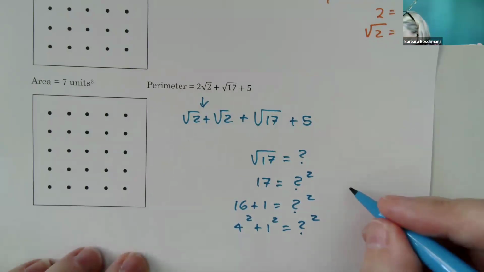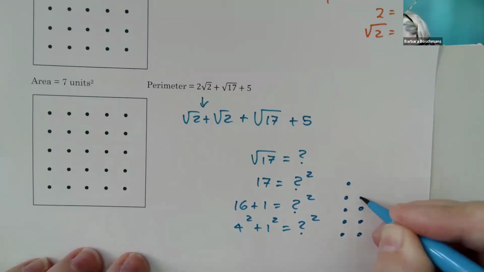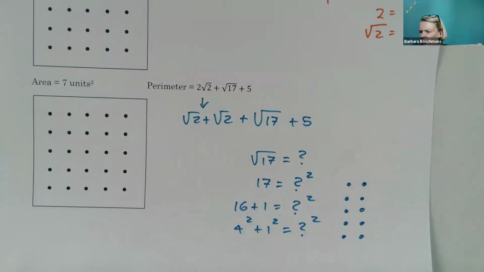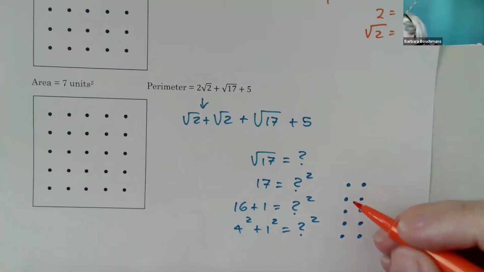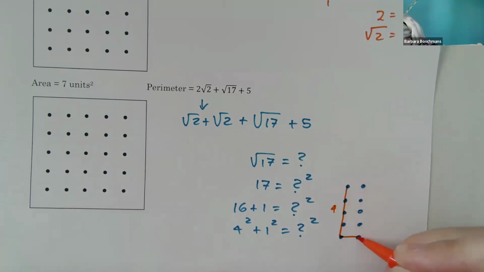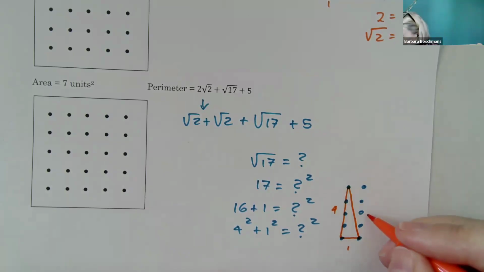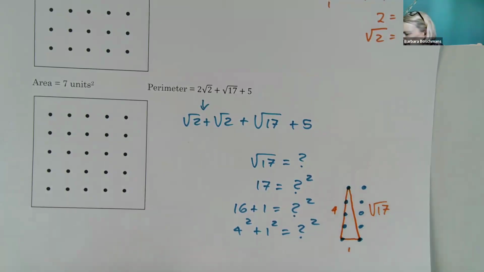So that means if I just take a part of the geoboard, and I have one side that is 4, and one side that is 1, the hypotenuse of that triangle is the square root of 17.